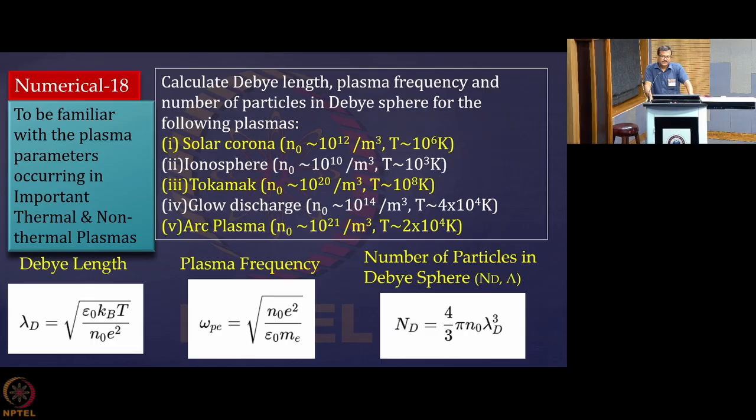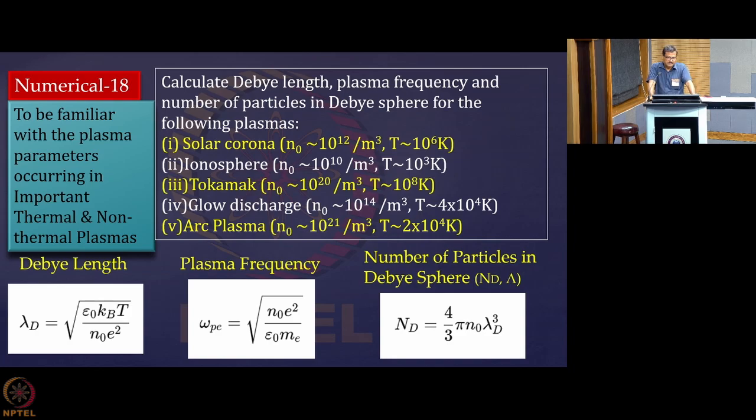Now, I come to a very interesting problem here about the plasma parameters that occur in the most common plasmas that we encounter every day. One is the solar corona, that is, you wake up with it every day.